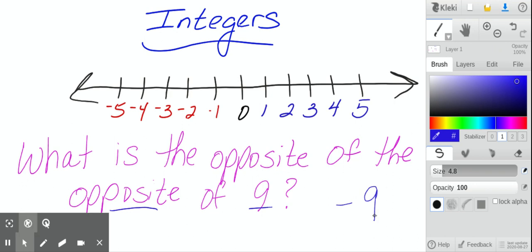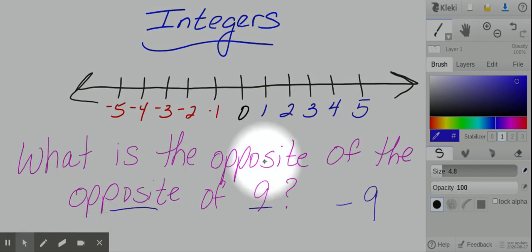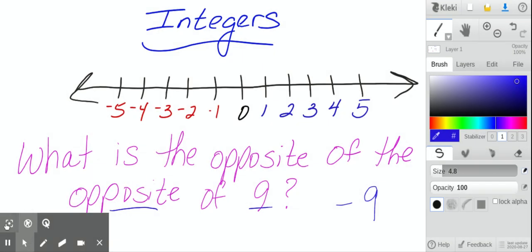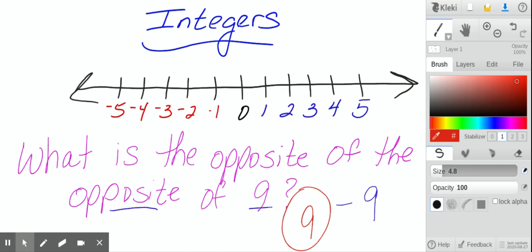Well, that's not our final answer because they're asking what the opposite of this is now. Well, what is the opposite of -9? Now you can tell me that the opposite of -9 is going to be 9, and that would be your final answer. So the first thing we did was we found the opposite of 9, which was -9.